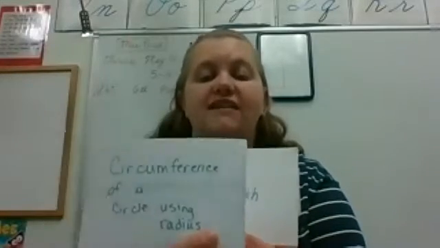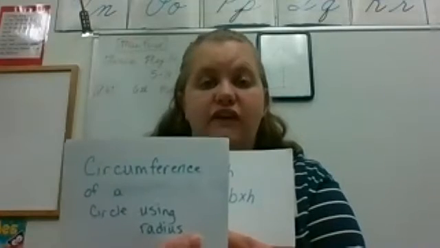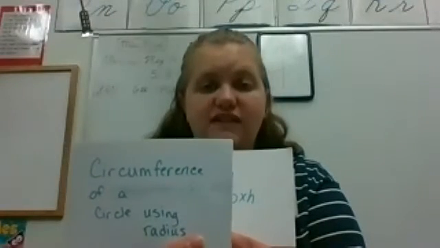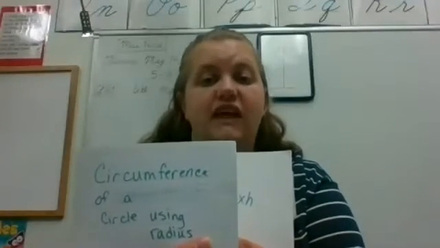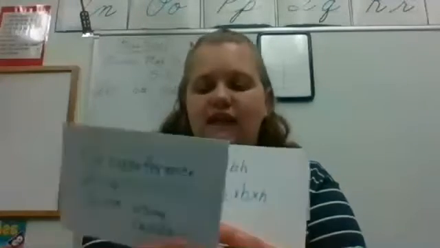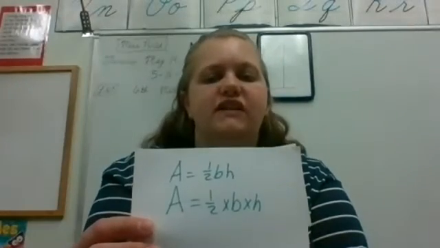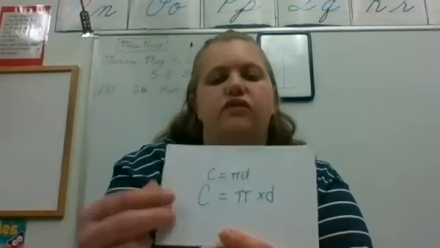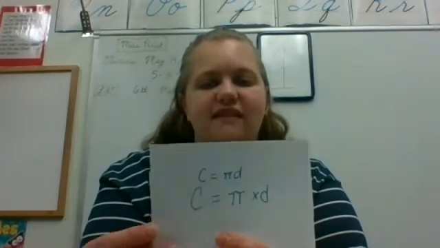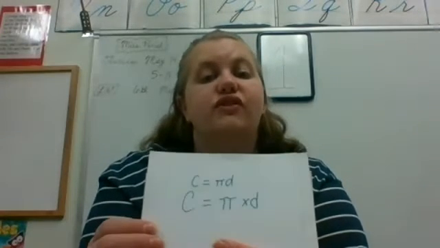So you have to pay attention to what they're giving you. If they give you an r equals, they're giving you radius. If they give you d equals, what are they giving you? Diameter, okay? A equals 1/2 times B times H is area of a triangle. C equals pi times D is the circumference of a circle using diameter, right?